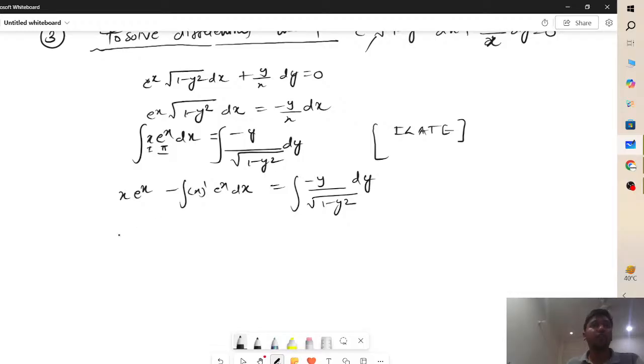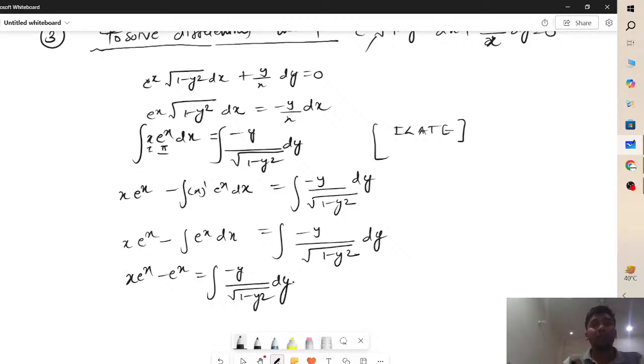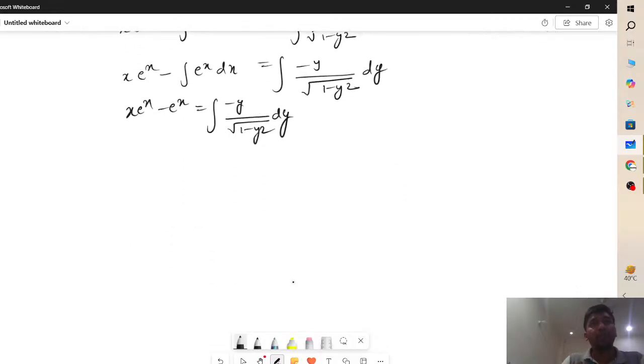Which further can be written as x e^x minus integration e^x dx, and integration of minus y under root 1 minus y square dy. Now moving further in this question.